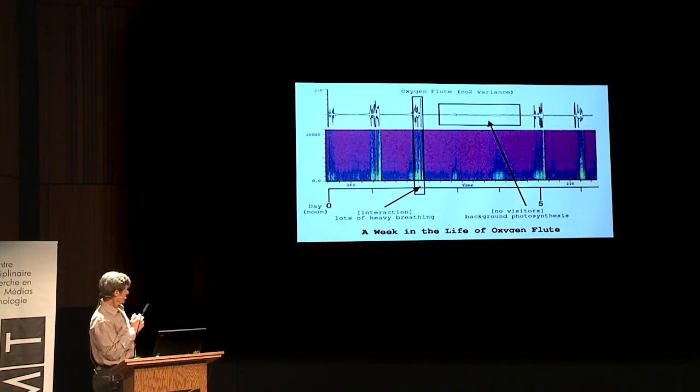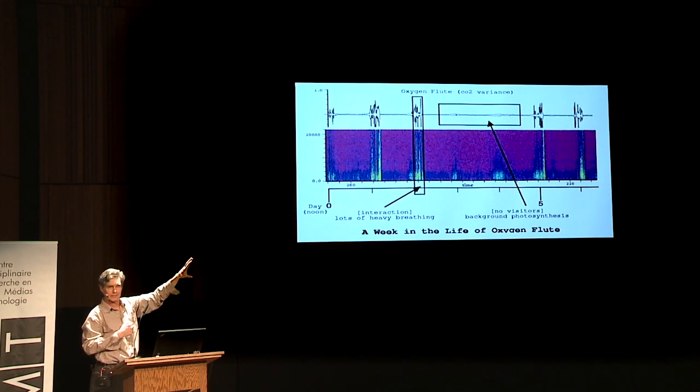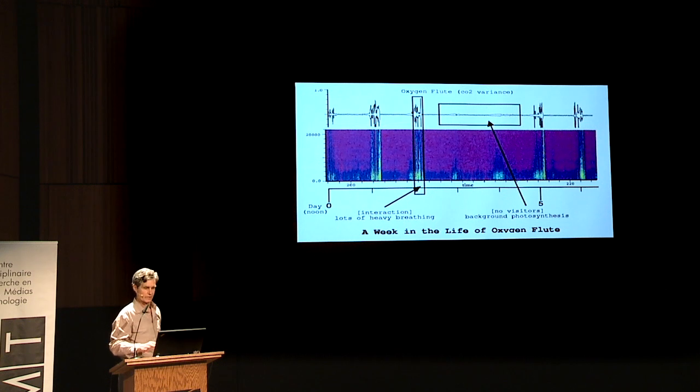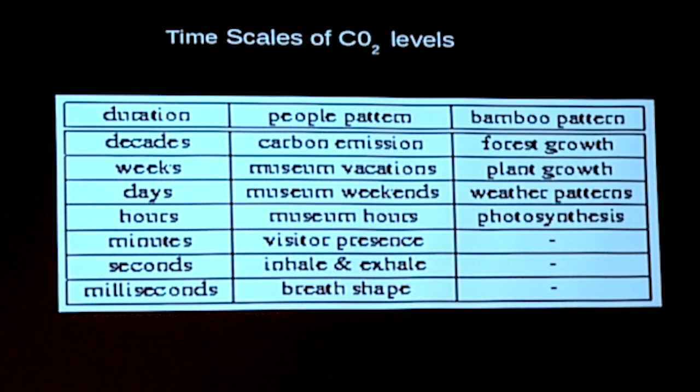So if you chart the carbon dioxide measurements that are going on in the bamboo room over the course of a week, you see where the museum is open, where it's closed for the weekend. You can actually pick up on the presence of light or no light during the closed hours. That's in the box there. And to make this kind of exchange of gases audible, we had to basically try to portray these things that happen at different timescales.